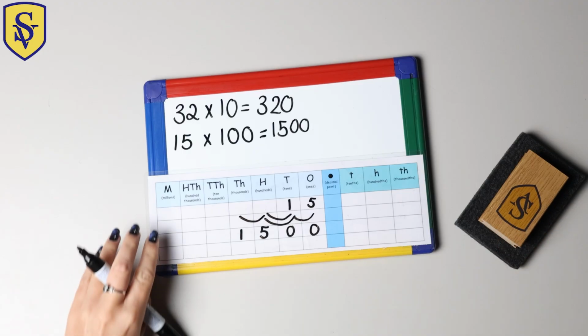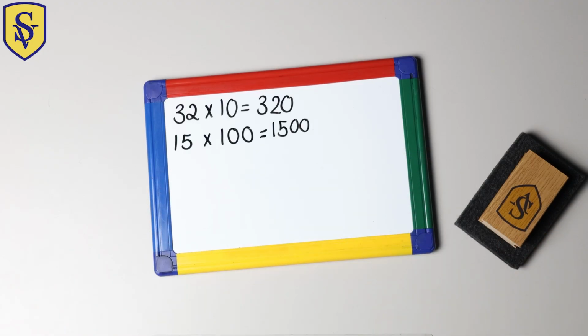Now this works for decimal numbers, it works for 3-digit numbers, 2-digit numbers, all the same method. So this time I will show you using a decimal number multiplying by 100.